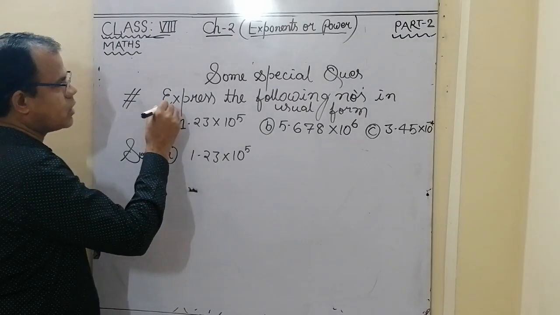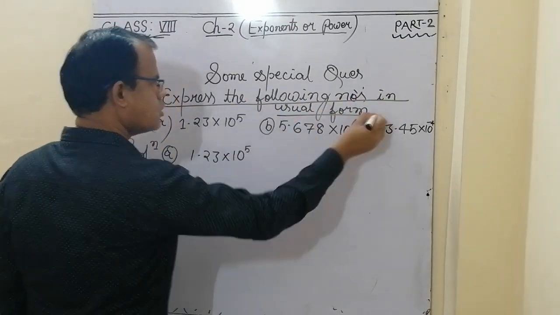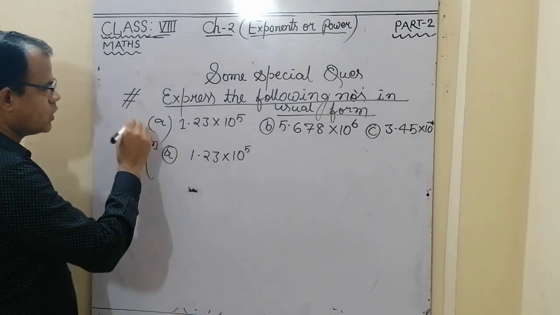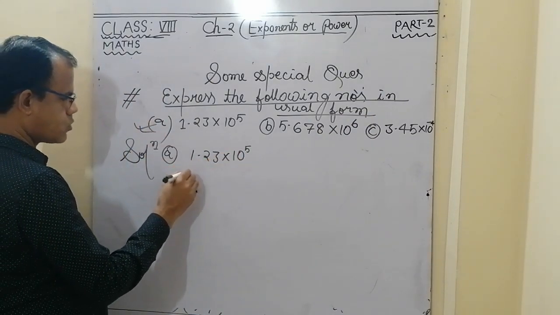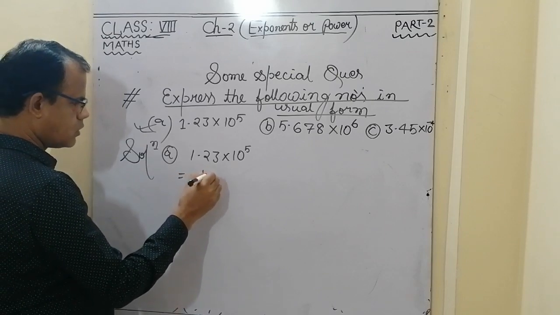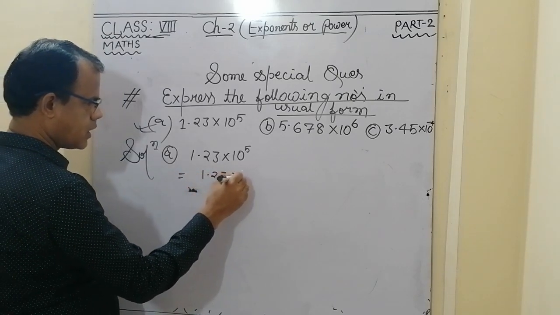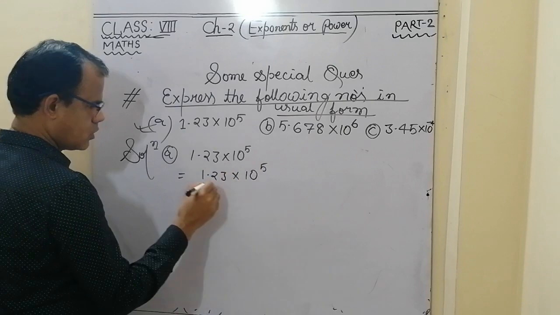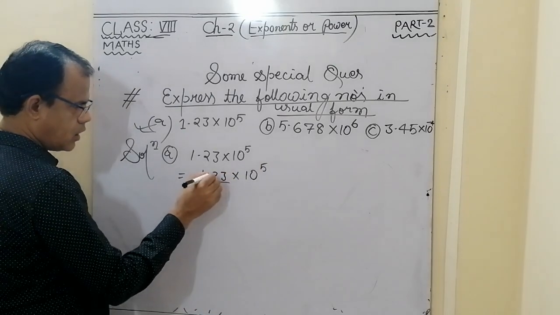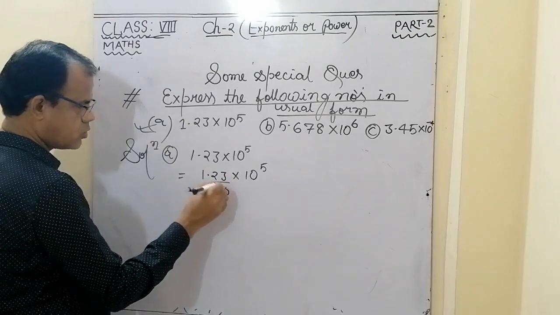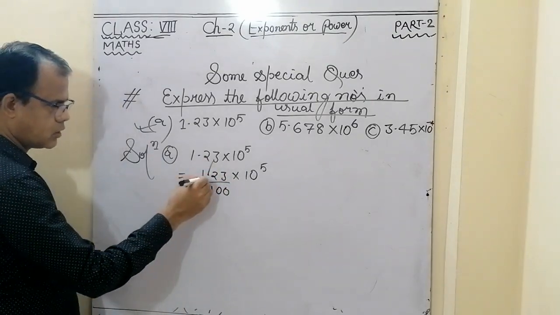Yes, next question. Express the following numbers in usual form. Look here, A part, 1.23 into 10 to the power 5. So we can write 1.23 multiplied by 10 to the power 5. Here you can see 2 digits after the point, so we put 1 and 2 zeros, 100, and we remove the point.